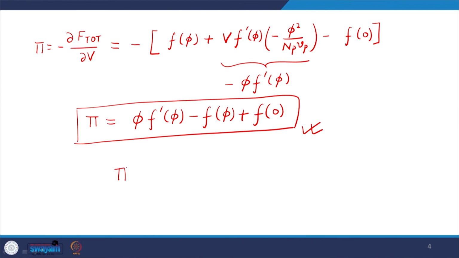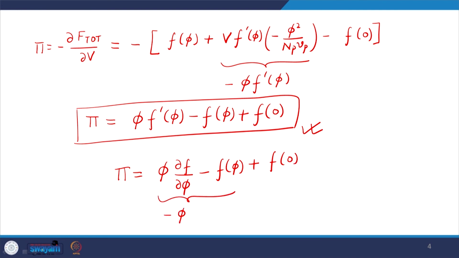If you just think of doing the opposite of what we are doing, I can write my pi as phi dou f by dou phi minus f of phi plus f0, and if you look at these terms, I can write this as something like phi square dou by dou phi of f by phi. Why?